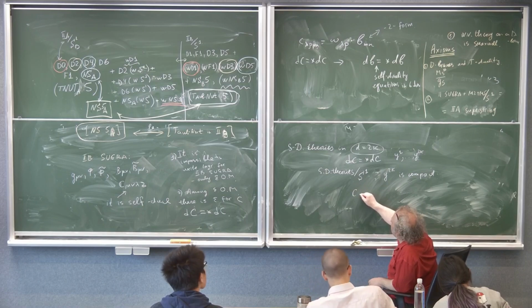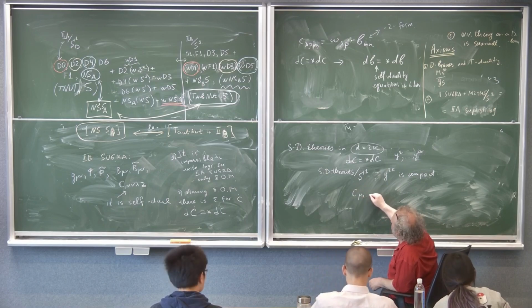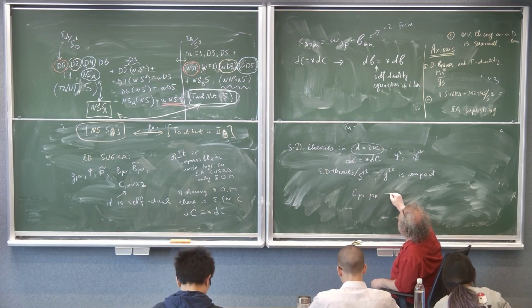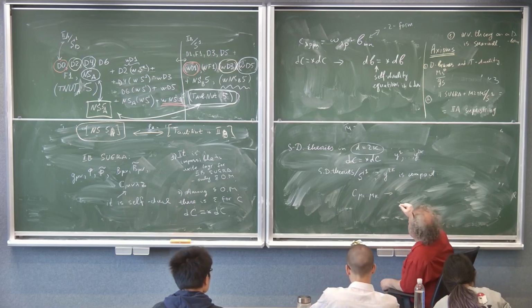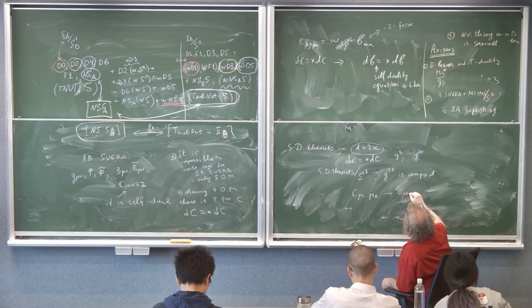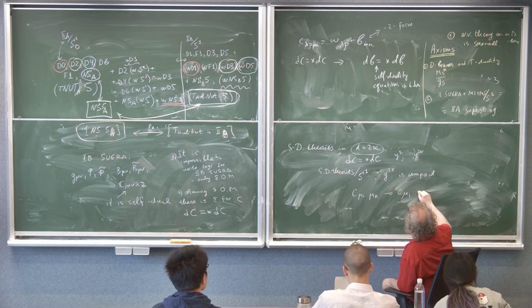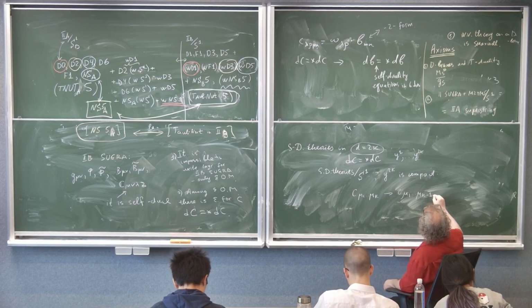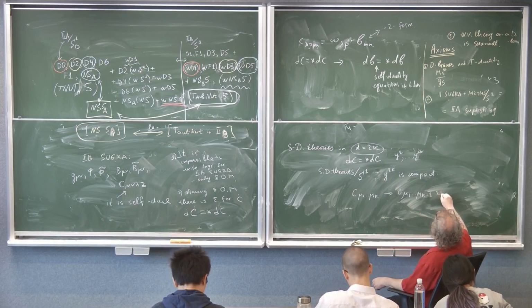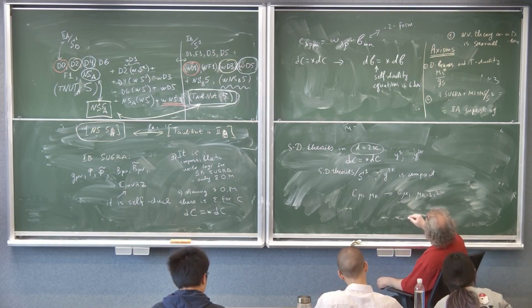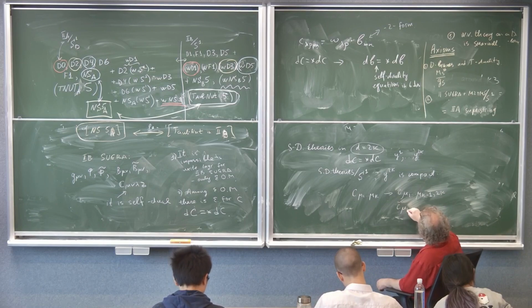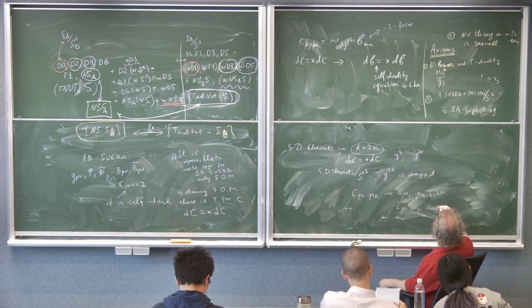Then from C mu 1 ... mu k, I am getting two fields: C mu 1 ... mu k minus 1, with the index 2k, and also C mu 1 ... mu k.